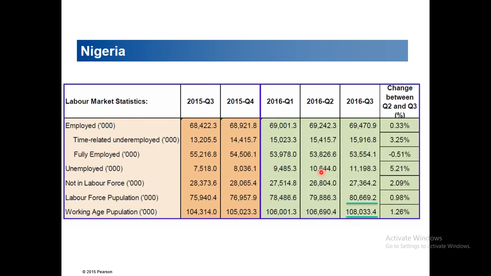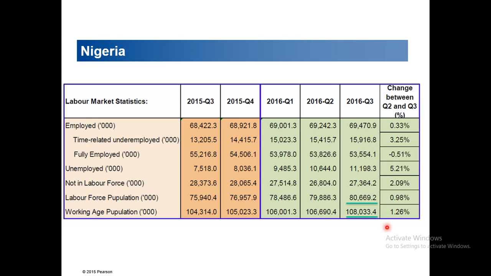So these are the labor market statistics for Nigeria, represented in quarterly data from 2015 quarter 3 to 2016 quarter 3. We can see the changes in employment, unemployment and not in the labor force every quarter here.